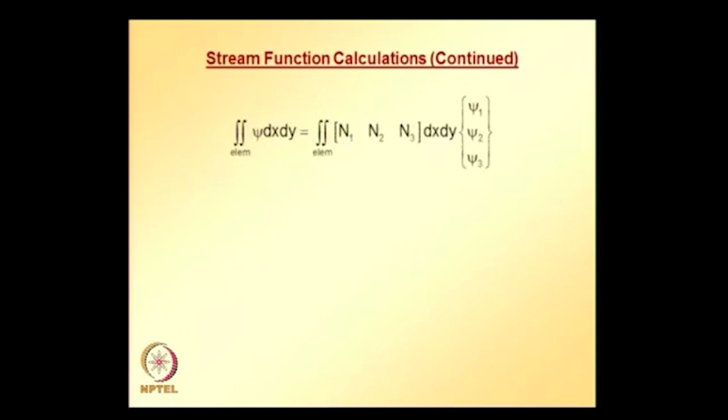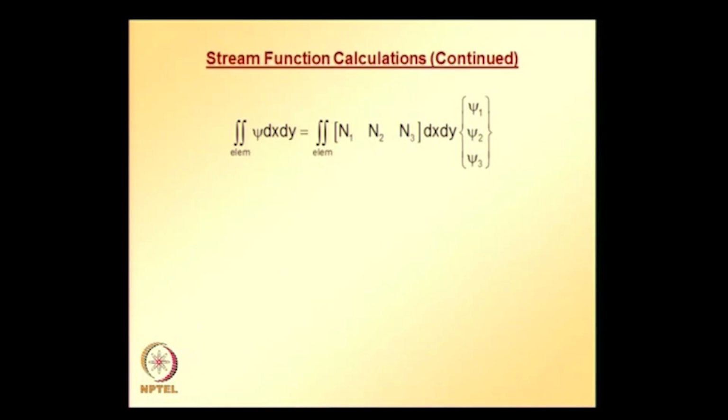And sometimes we also require the integral of psi dx dy over the element or the entire domain. Here the formula is written for one particular element. So, we know psi is equal to N1 psi 1 plus N2 psi 2 plus N3 psi 3, which can be written in matrix and vector form as shown on the right hand side of the equation.